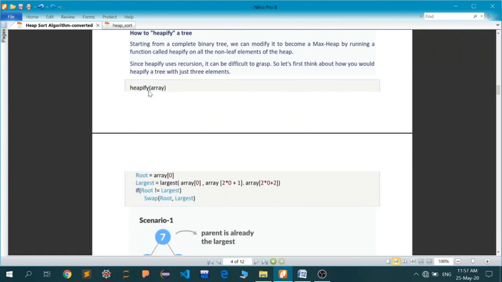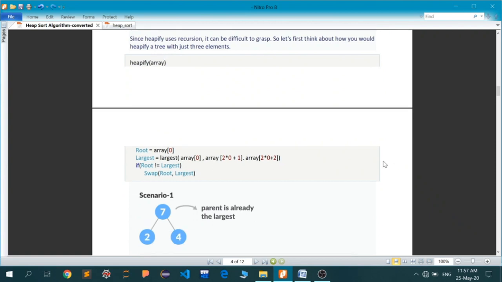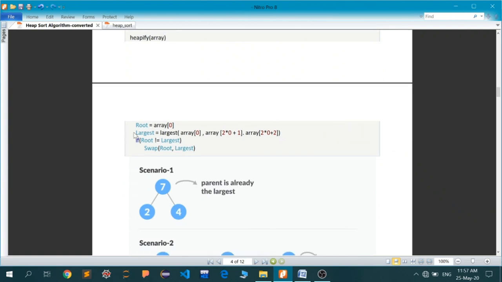So the function heapify will be passed an array, and the first element of the array will be called root, and then we are going to find out which is the greatest value, the root or one of its children. So a function will be called largest.